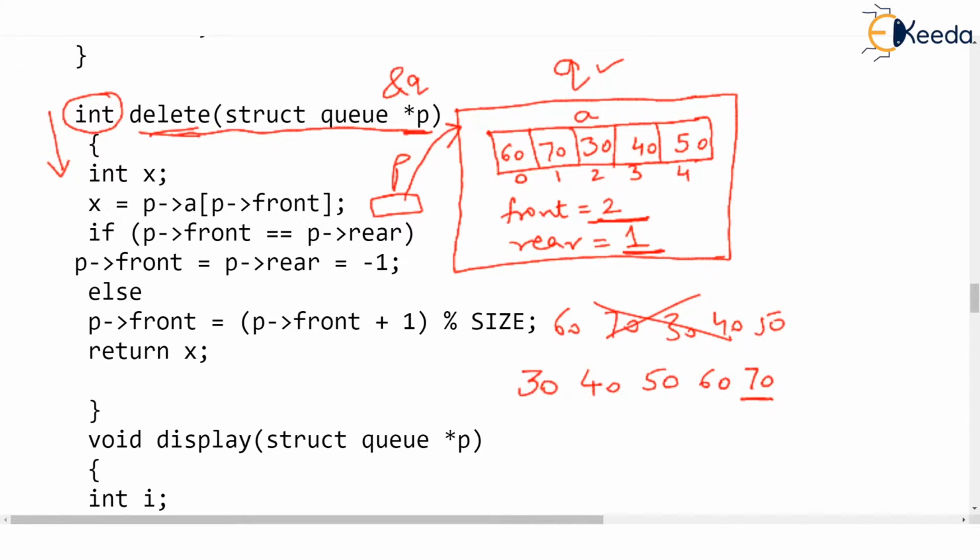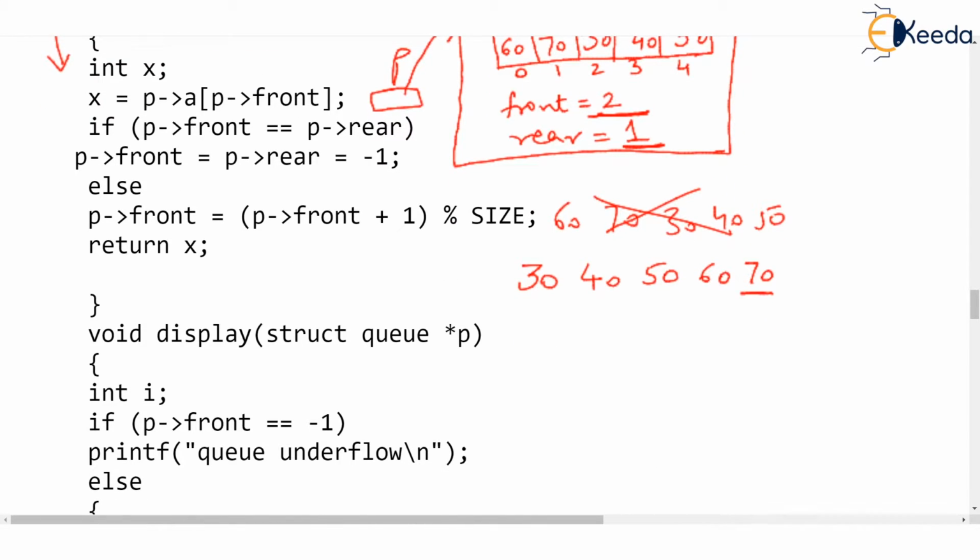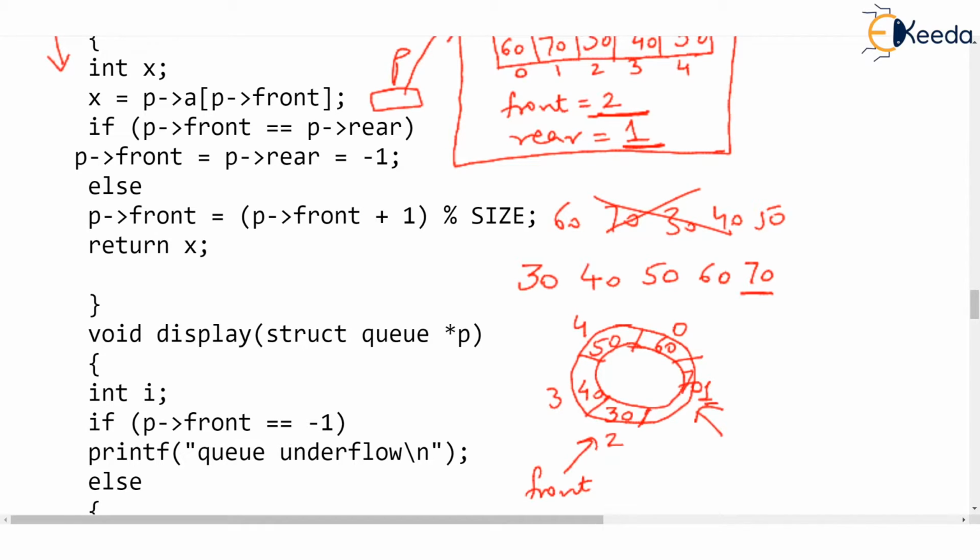You can think of this array as if it is circular in nature. There is nothing called a circular array, but logically you can imagine it that way. If this is the 0th element, first, second, third, fourth, then front actually is 2, as you see, and this element is 30, the third element is 40, next is 50, the 0th element is 60, and the first element is 70, and position 1 is rear.